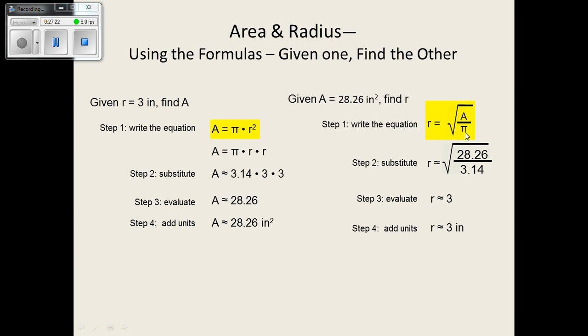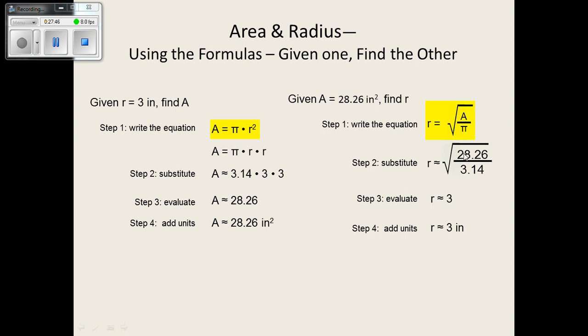So when I substitute in, they've given me area. So I got 28.26 in the numerator. And then I'm going to divide by 3.14, substituted for pi. Since I rounded pi, I'm going to change that equals to approximate. Then I'm going to evaluate. And I'll want to do this stuff inside first.